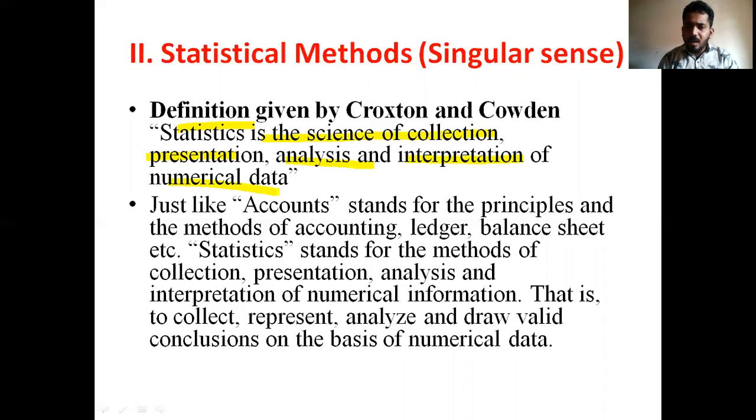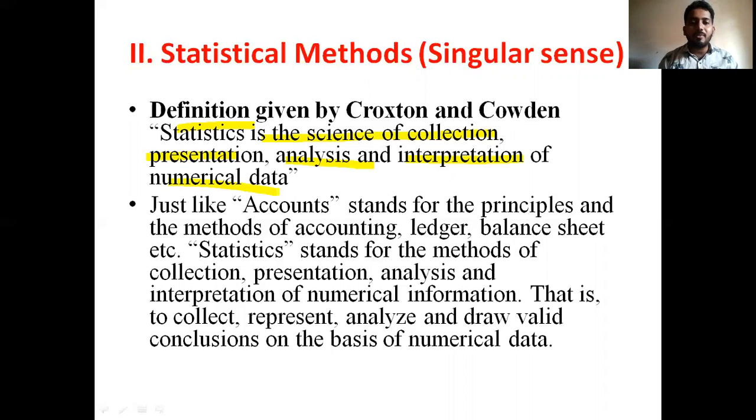Now, how can we call statistics a method? As you know, the subject accountancy. As you people are from a commerce background, you know the subject accountancy, right? Accountancy is a subject, just like mathematics. These are subjects which use some methods, mathematical formulas and tools to deal with some real life aspects.